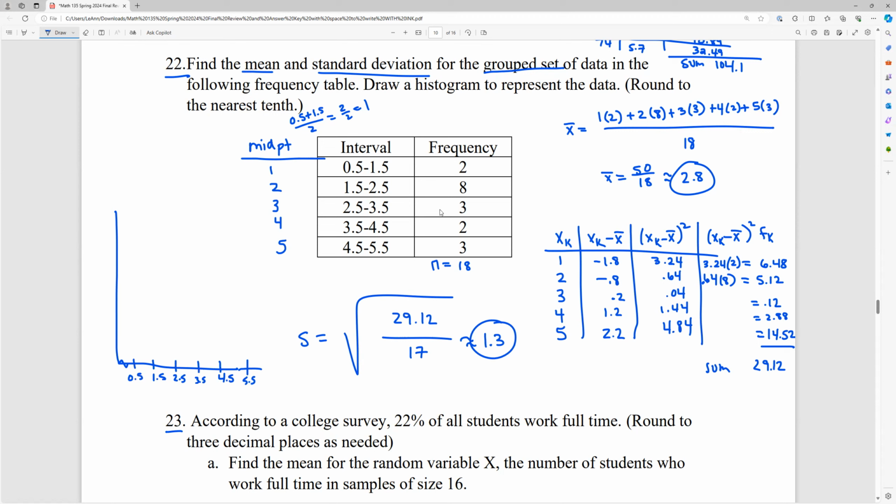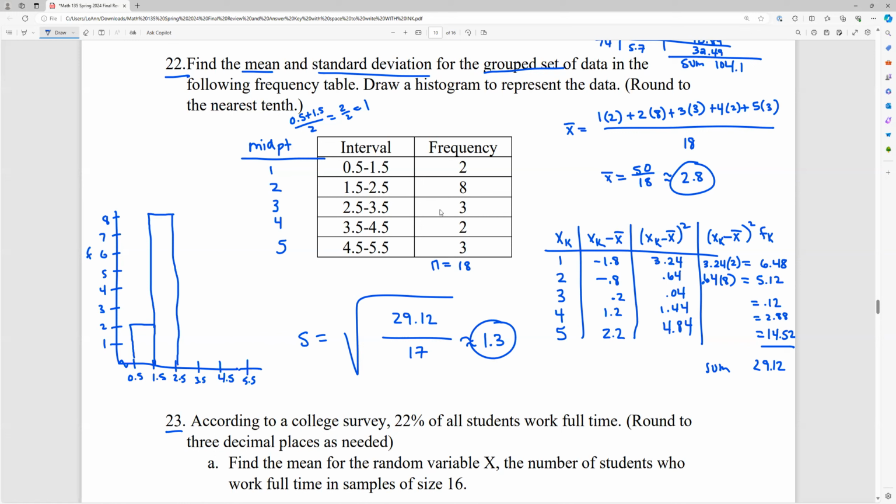We need to have at least a height of 8 for the frequency. So I'm just going to count by ones. 1, 2, 3, 4, 5, 6, 7, 8. For the first group, we're going up to 2 for the frequency. So you make a bar from the 0.5 to the 1.5. And then for the next bar from 1.5 to 2.5, we go up to 8 as the frequency height.